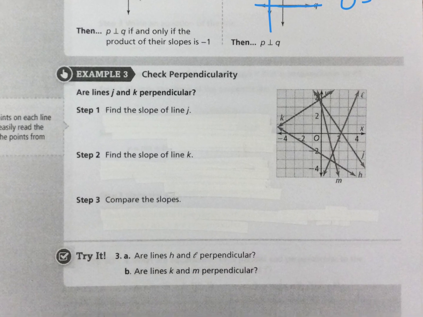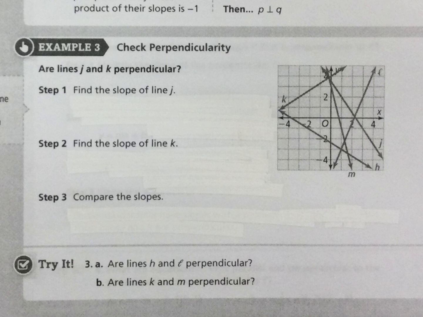Okay, so let's check for perpendicular. Find the slope of J. All right, so here is J. I'm going to go from here to here, I think. 1, 2, 3. Down 3 over 2. And then find the slope of K. Let's see.